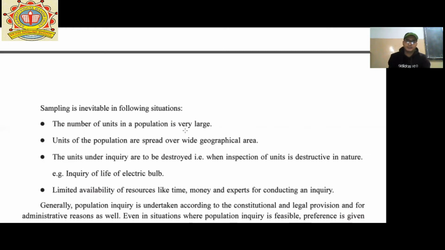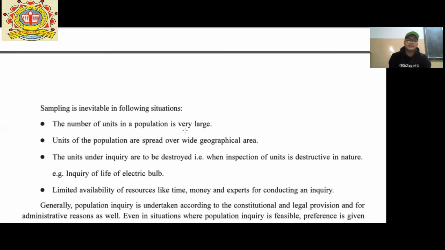Third one, the units under inquiry are destroyed. That is, when the inspection of a unit is destructive in nature. Example, inquiry of the life of an electric bulb. It means any unit that I want to research on is destroyed.